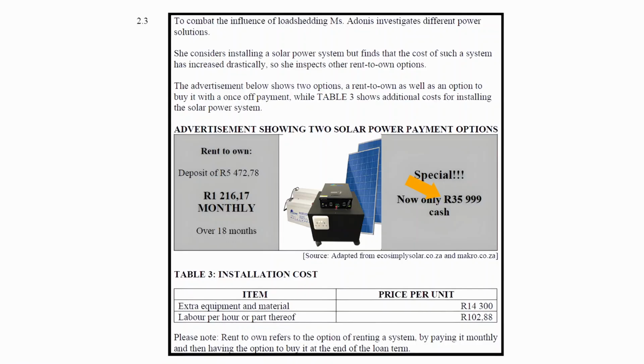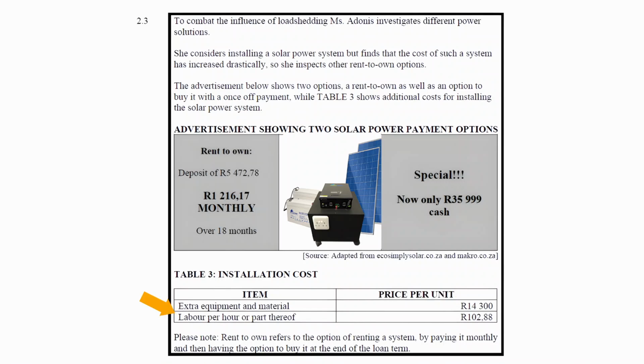Now the total cost to install the cash option of the solar power system will be the sum of the cash price of the solar power system plus the cost of the extra equipment and materials and the total labor to install the system. The cash option of the solar power system is listed as 35,999 Rand and the cost of the extra equipment and material is listed as 14,300 Rand.